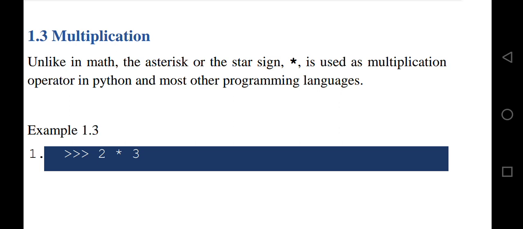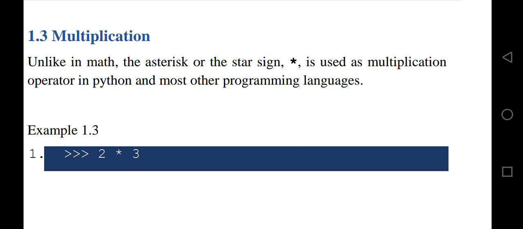Unlike in math, the asterisk or the star sign is what we use for multiplication in Python and most other programming languages. In fact, all the programming languages that I know use the asterisk or the star sign to perform multiplication.